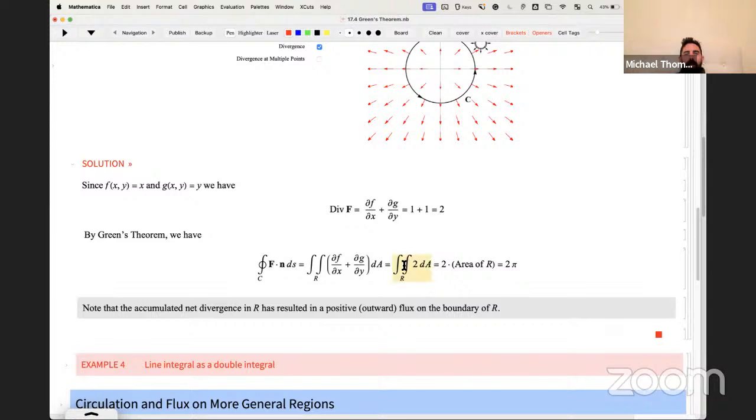And we already know that a unit circle of radius 1 has an area of pi r squared, right? So 2 times pi would be 2 pi. So we've just verified that the accumulated net divergence in R is the same as the flux on the boundary of R.